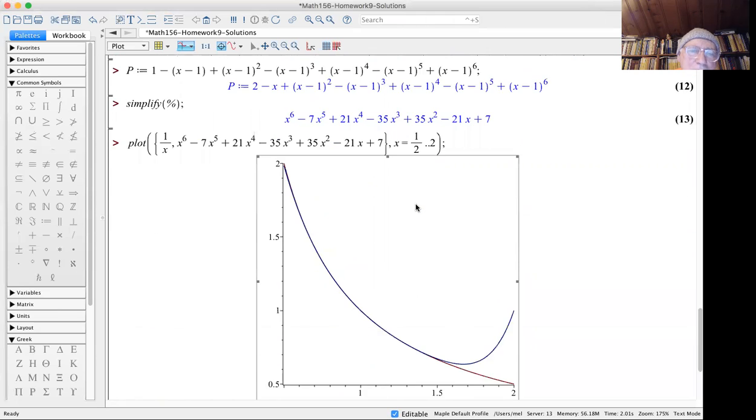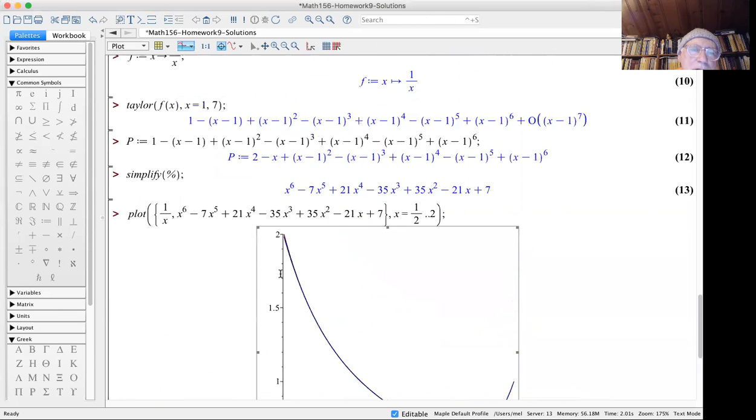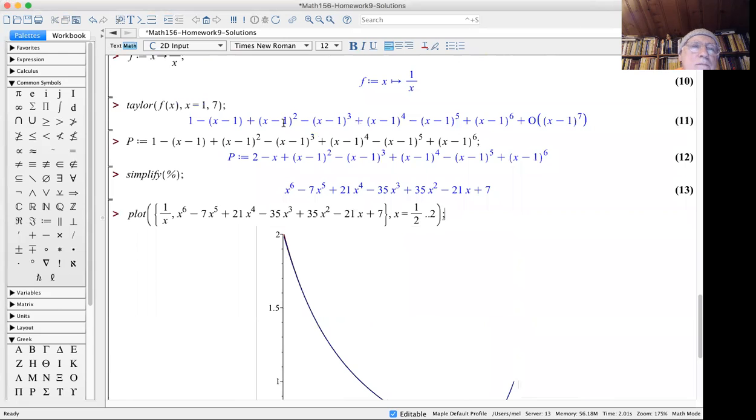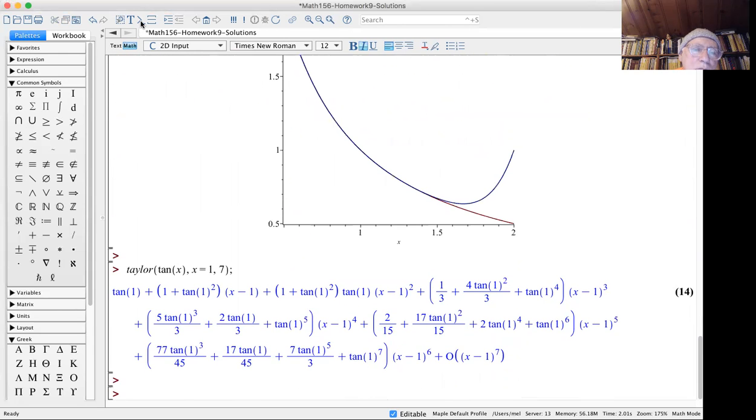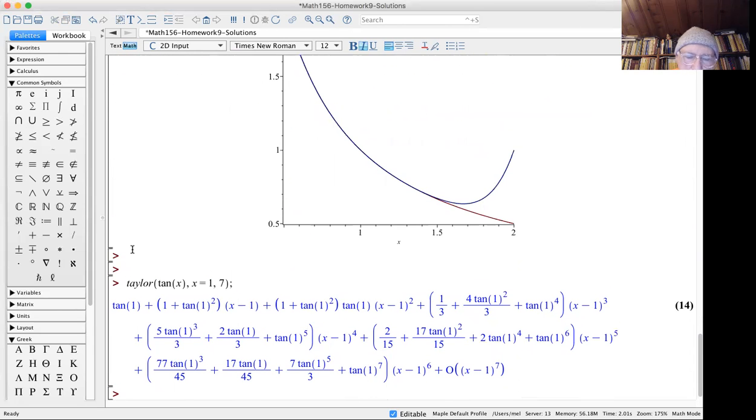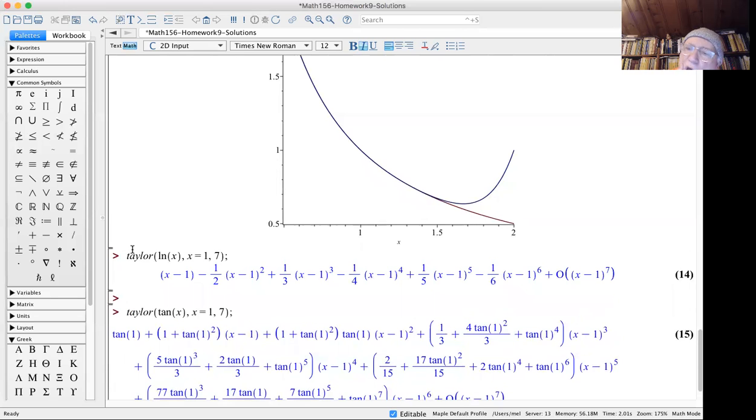What happens to the log of x? Let me insert that. So the Taylor polynomial for the log of x centered around 1 up to 7 is this polynomial.